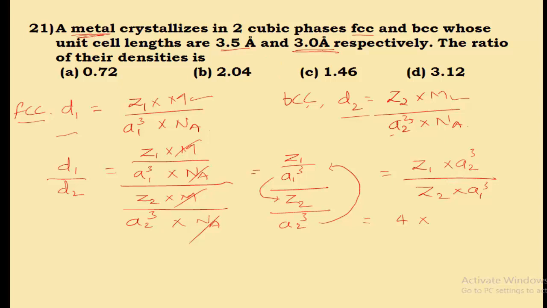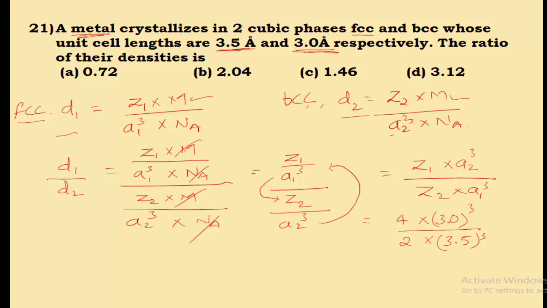3.0 angstrom. This is A2 and this one is A1. So 3.0 divided by Z2 means 2 into 3.5. Okay, so that is A1 cube. Write that cube. Here I have not written 10 raised to minus 10 because on both sides 10 raised to minus 10 is there, so they will get cancelled out.